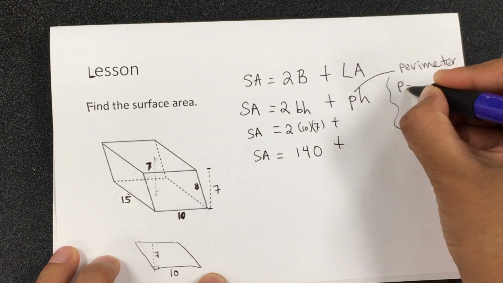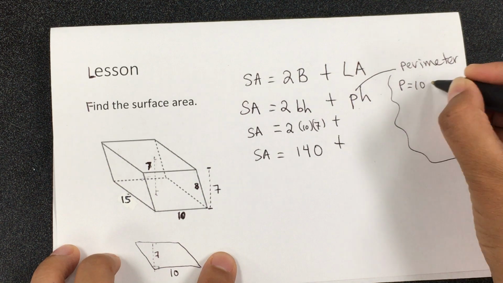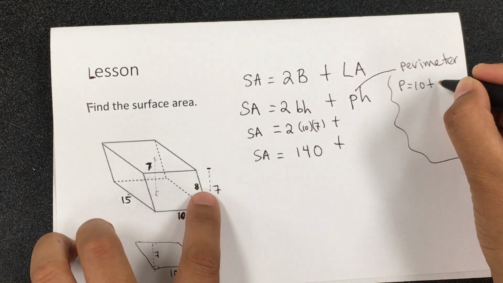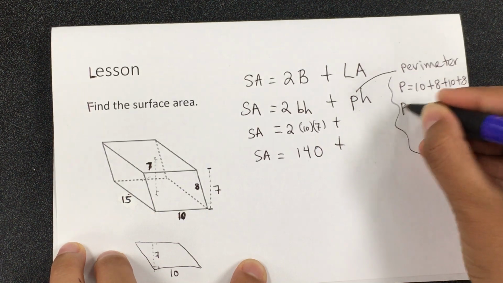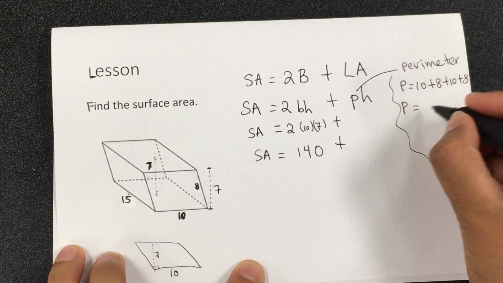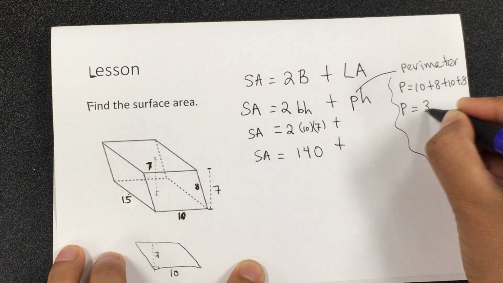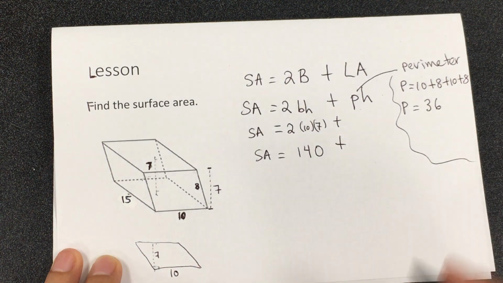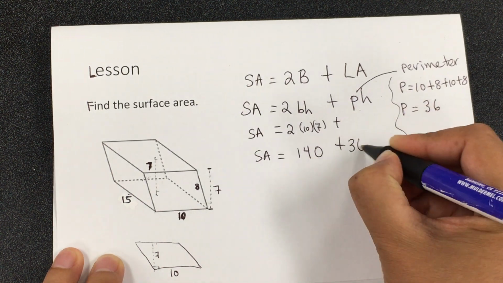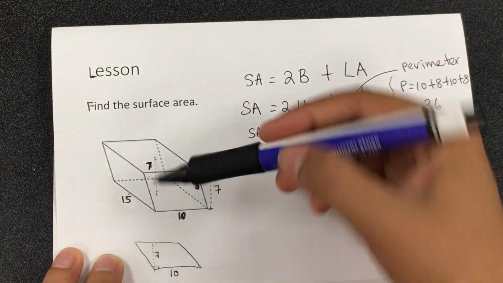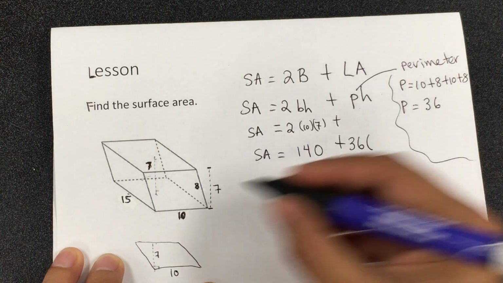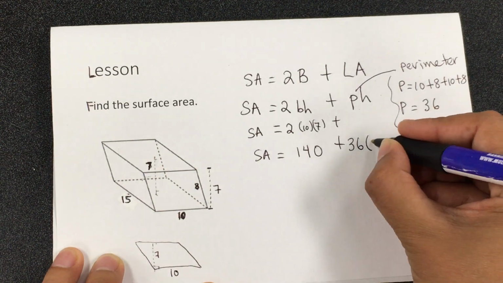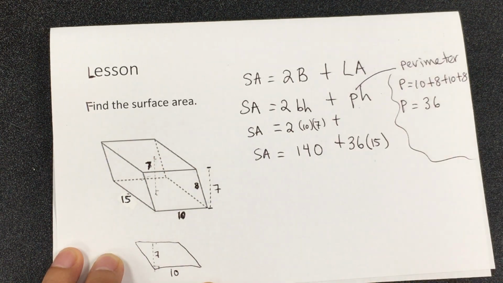The perimeter is equal to 10 plus 8 plus 10 plus 8, and that's going to be equal to 36. Okay, so the perimeter is 36 times the height, which is just how tall the prism is. In this case, the prism is 15 units tall.